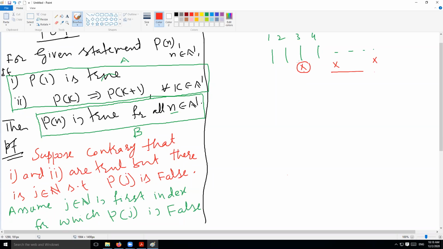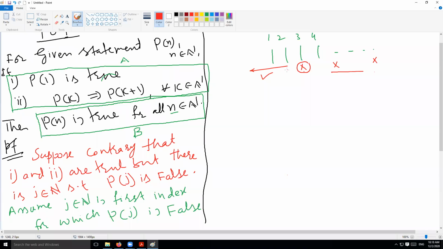And when I say this is the first statement which is not true, what do I mean? That all of the previous statements are true. Does this make sense?